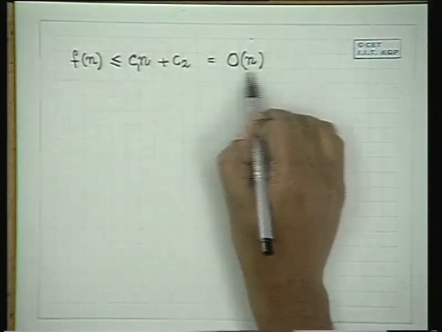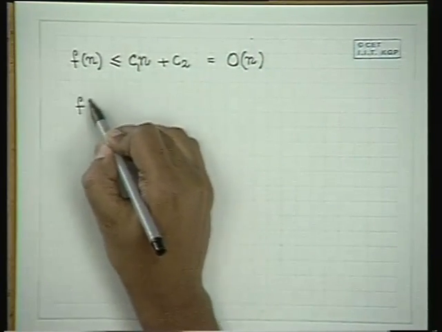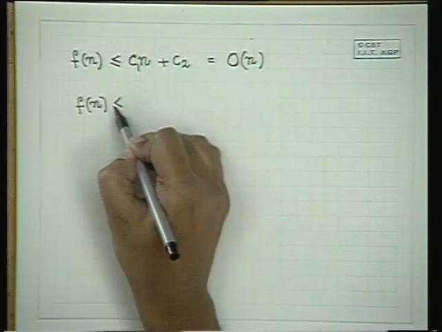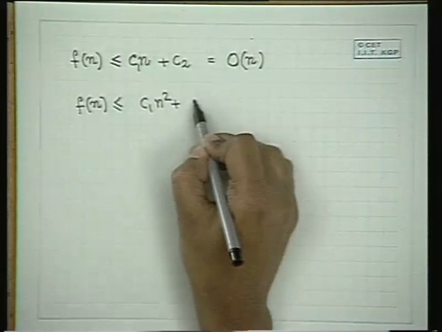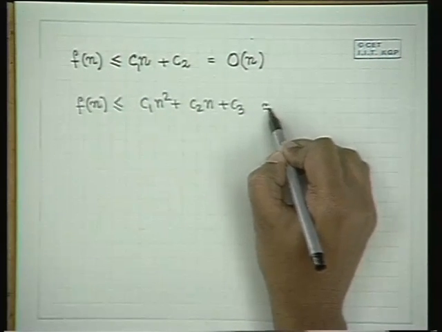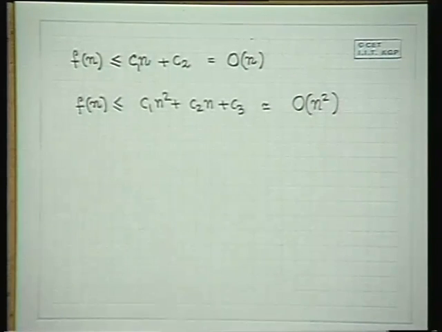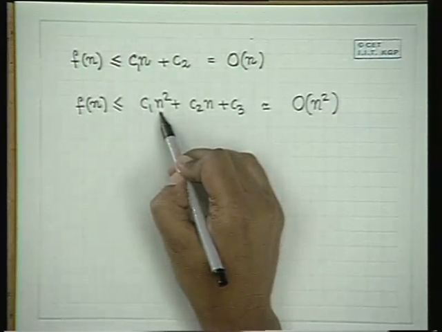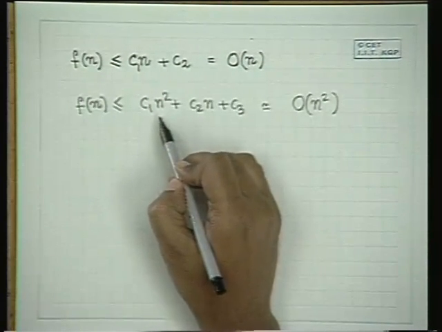I am trying to informally introduce this concept. If f(n) is less than or equal to something with an n squared term, then it is said to be order n squared, because this is the term which is going to dictate its complexity when n tends to large.